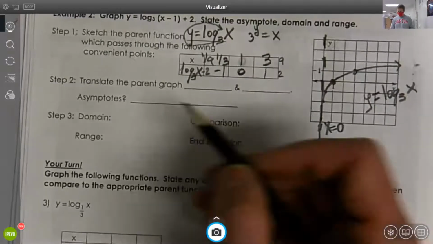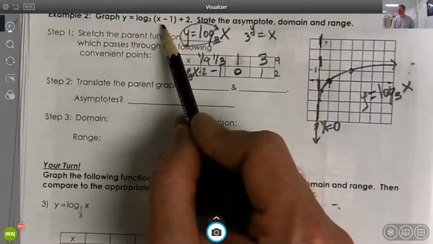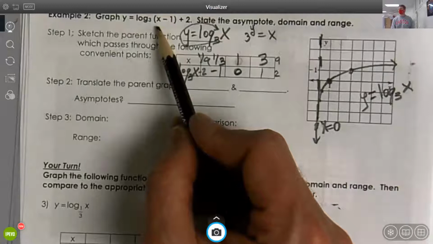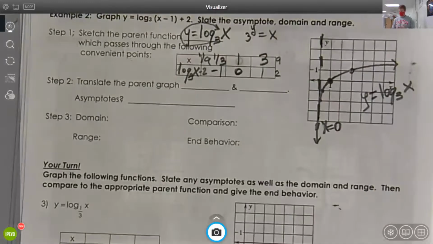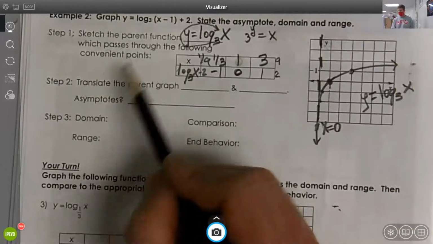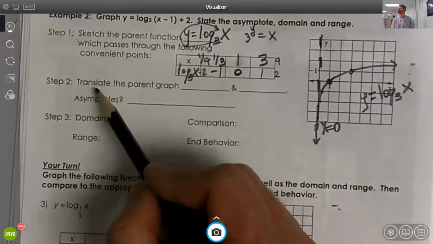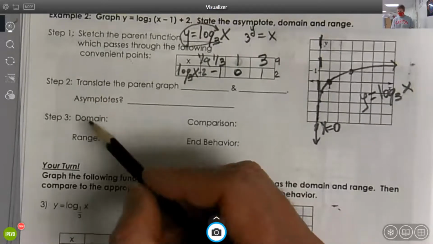So now when we do our transformation, the only one that we have here is a translation. Transformation is all of the reflections, the stretches, and translations. The graphs that we do will only have translations to them. We won't reflect or stretch, but you still understand how that would all work.